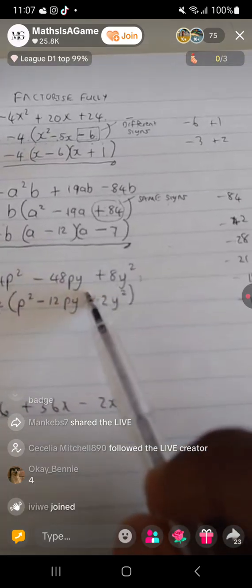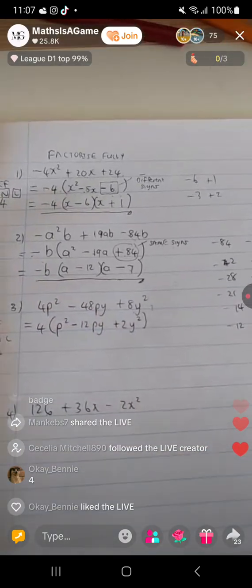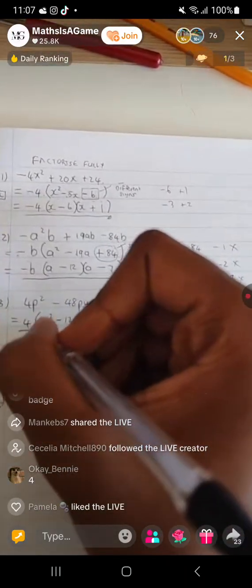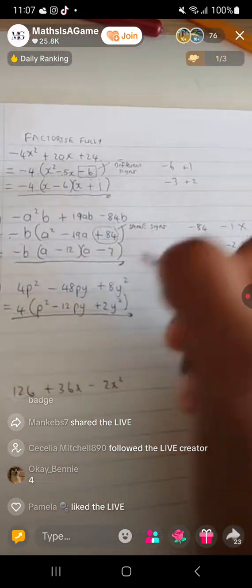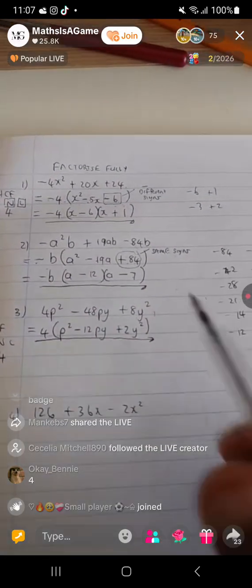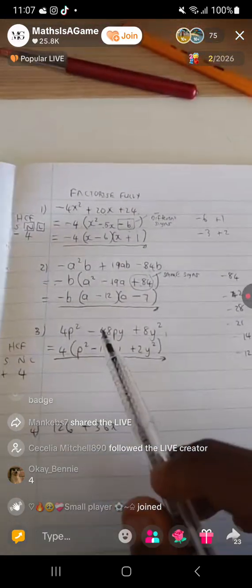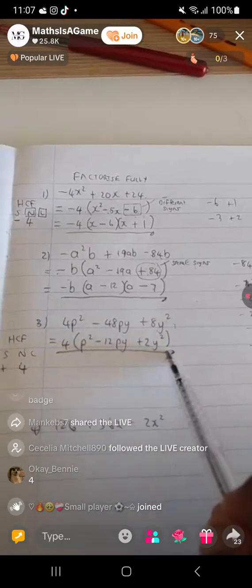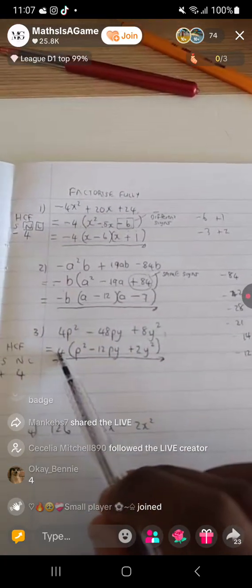So that means this is as far as I can go with my factorization. And the problem ends there. So in this problem, we are only able to do highest common factor factorization.